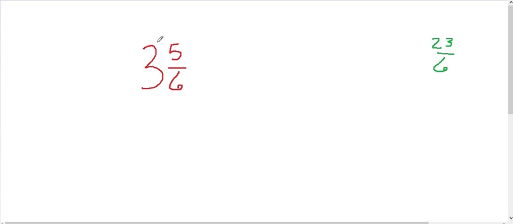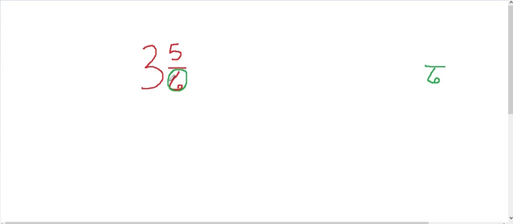Recall that a mixed number means we're mixing together a whole number and a fraction, right? The final number needs to have always the same denominator. We're still going to be counting in sixths, so your final answer always will end up in sixths. Now think about what 3 and 5/6 is telling you.